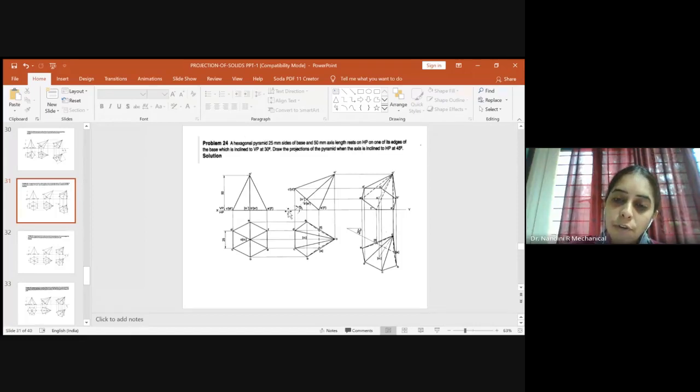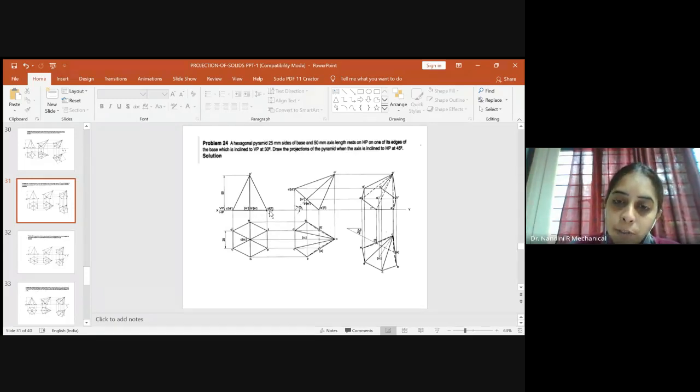Once you take 45 degrees to HP, you have to shift now the base, which was exactly parallel to the XY line, to an inclination of 45 degrees to HP. For that, you should identify the distance from the center O1 dash to A1 dash, how much it is. So please measure the distance using the compass.